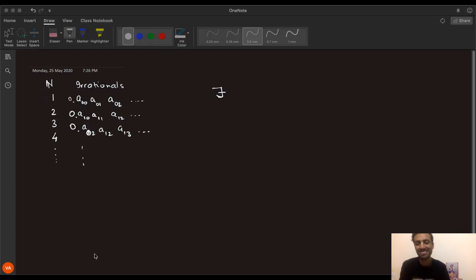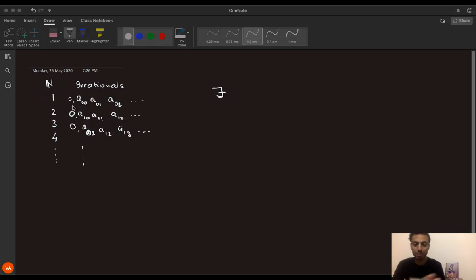Root of 2? No, root of 2 can be there. Ignore the 0 point part. Under root 2, take only the part after the decimal. 1.414, right? So you ignore the 1 and take 0.414, let's say. You can take A00 as 4, A01 as 1, A02 as 4, and keep filling all the entries, and you find this is an irrational number equal to root 2 minus 1.